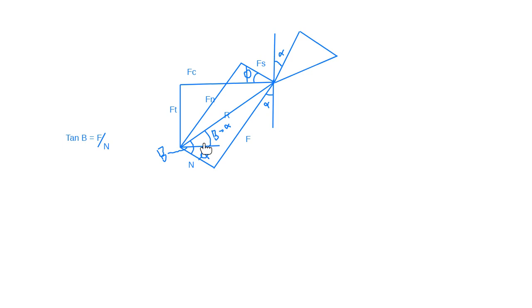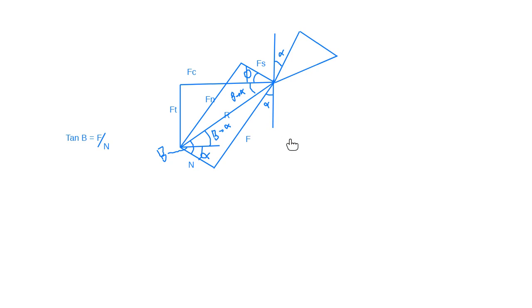If this one is beta minus alpha, then this one is also beta minus alpha. So this one here is also beta minus alpha. Sorry, writing is difficult here. So this is how to draw the Merchant circle.